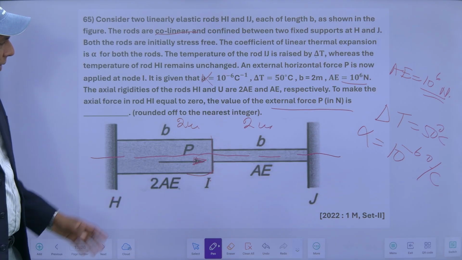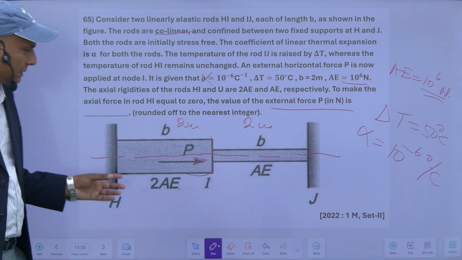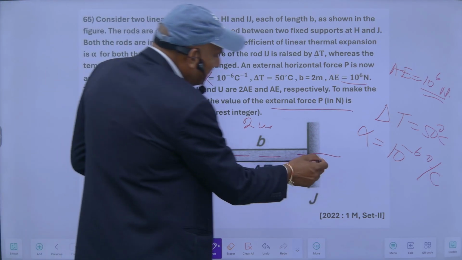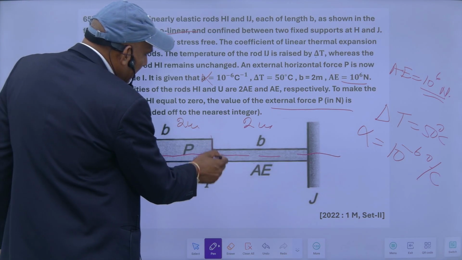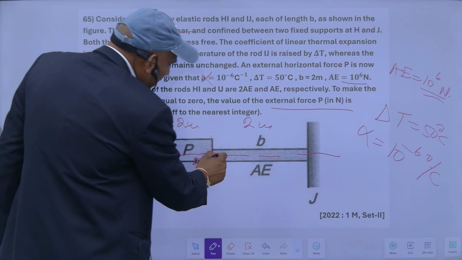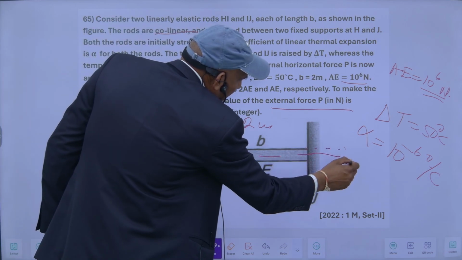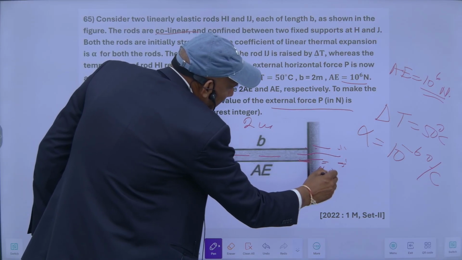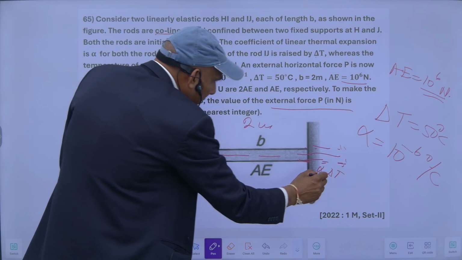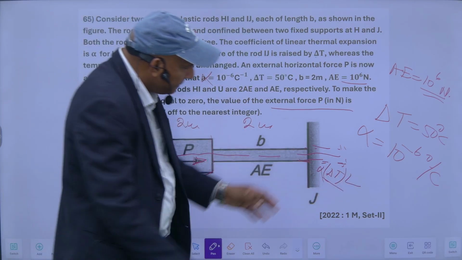Means whatever will be the thermal stresses, that have to be done only because of this portion. So the force here is P. If I allow it to expand, this will be alpha T L, alpha into the temperature increase into its length. So this will be the thermal expansion.